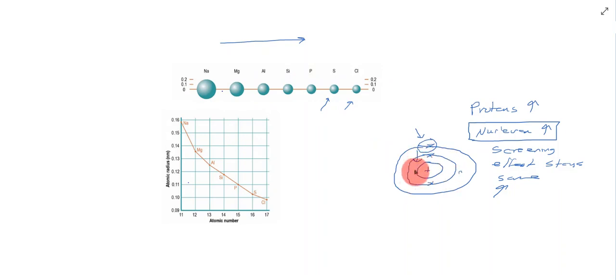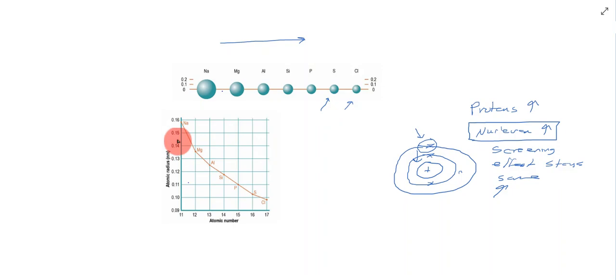There might be one or two occupied energy levels between the outer electron and the nucleus, and this stays the same. So there isn't anything counteracting the increased pull inwards from the increased nuclear charge, from the increased number of protons as you move across. So the increase in nuclear charge happens while the screening effect from the electrons between the outer electron and the nucleus stays the same.